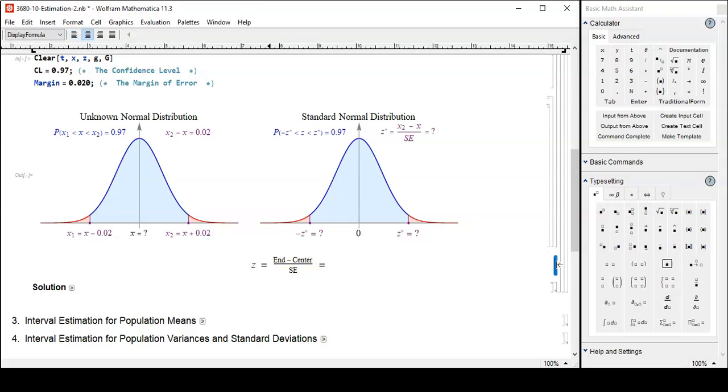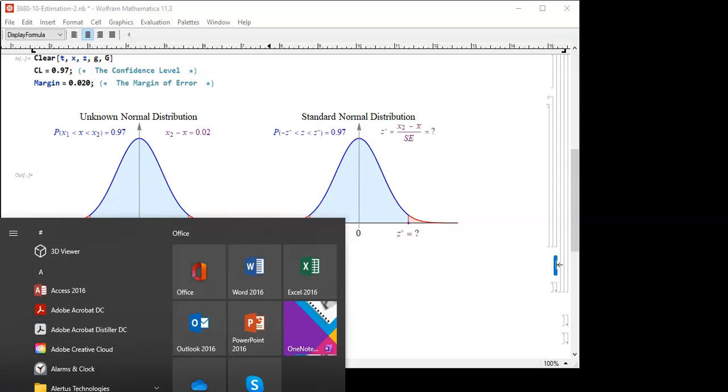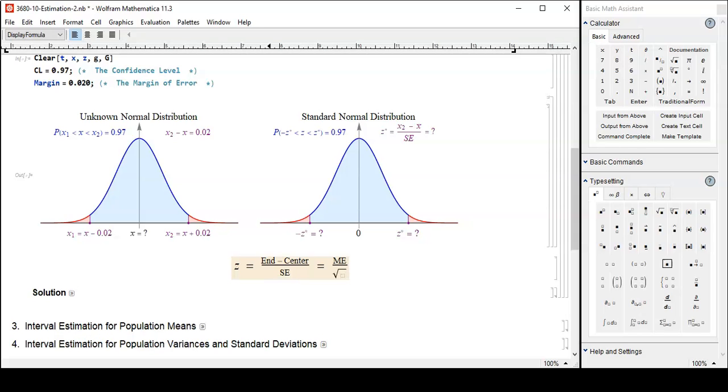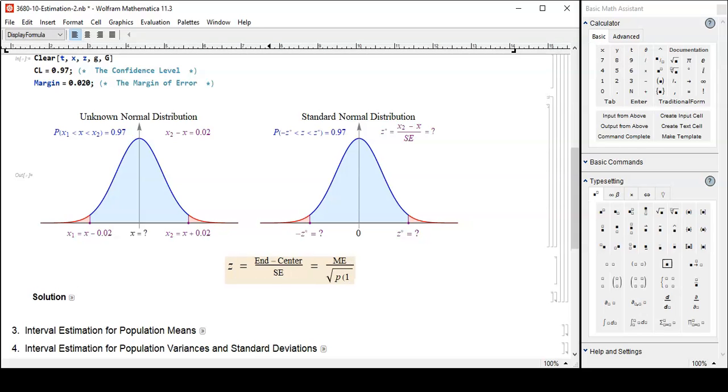Let me expand the font. Sorry, wrong key. It is margin of error over the square root of p(1 minus p) over n. And margin of error in this case is 2% point, isn't it?